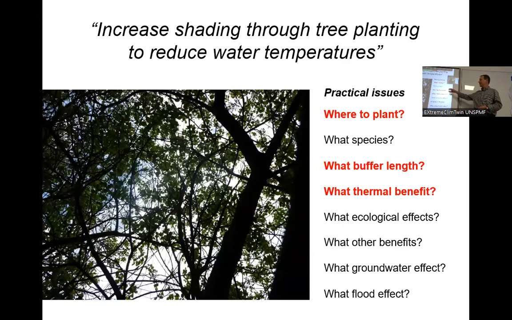So some really basic practical questions about where to plant the trees, what species might we select, how much of the riverbank needs to be planted to achieve a given benefit, what are the other ecological side effects of planting those trees, what are the impacts on groundwater and flooding. So even a simple idea like plant trees to increase shade to keep rivers cool opens a large number of quite difficult scientific questions to address.